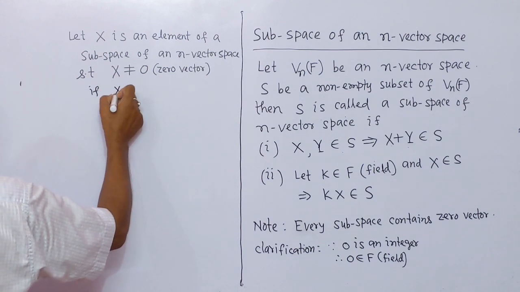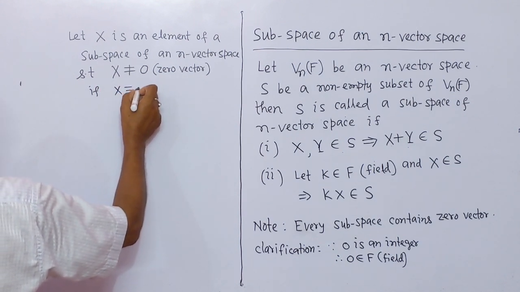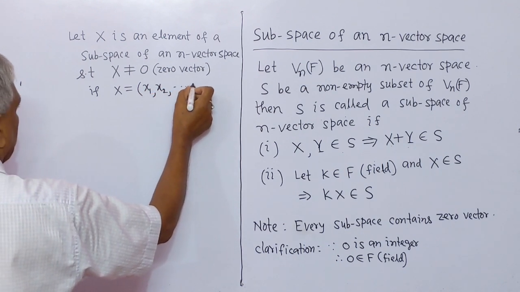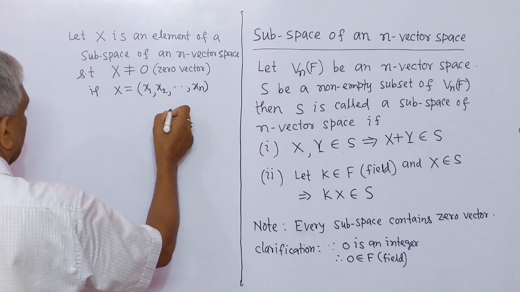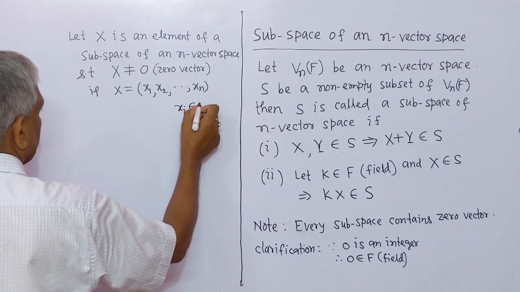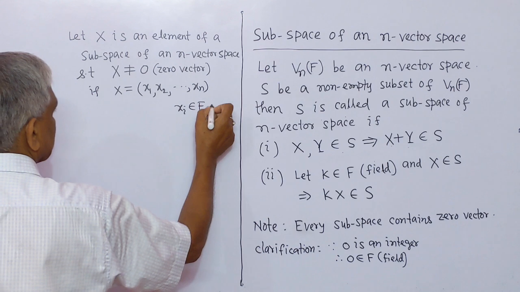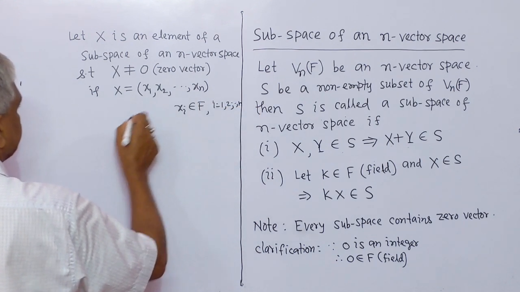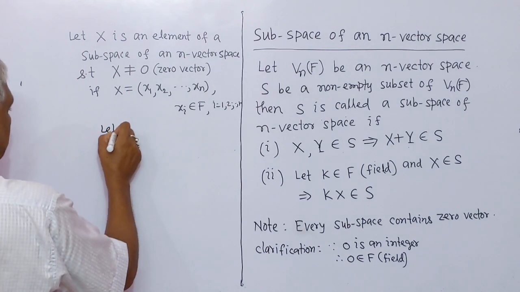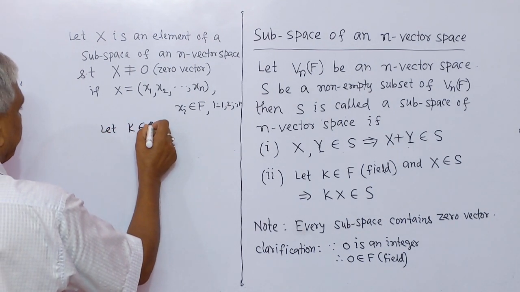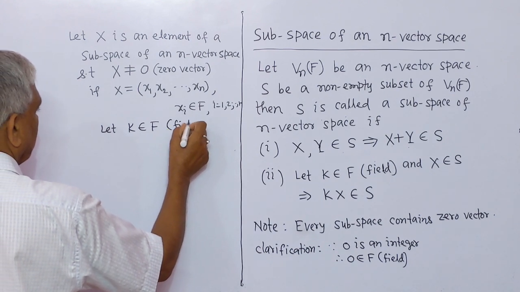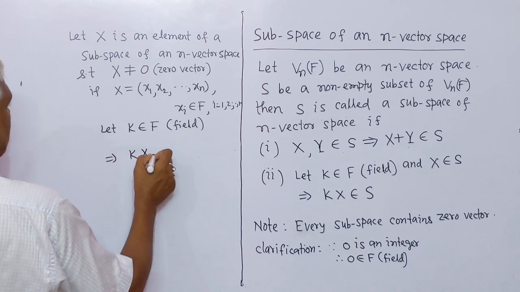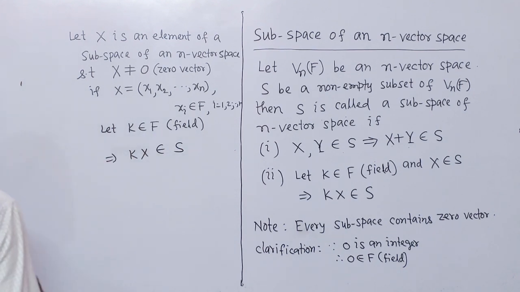If capital X equal to small x1, small x2, small xn, xi belongs to F, i equals 1, 2, n. Let K belongs to F, field, implies that Kx belongs to S subspaces.